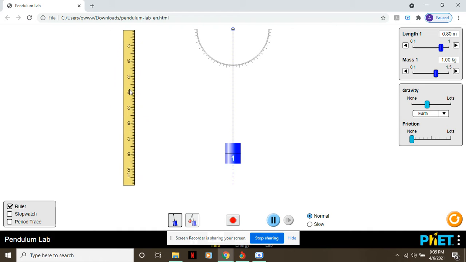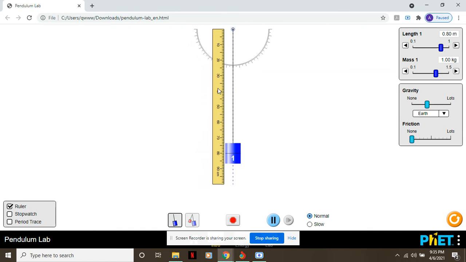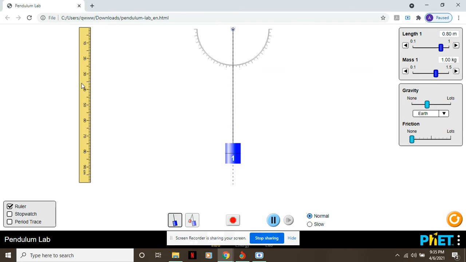So the length of the pendulum is 0.8 meters, which you can see right now if I put my meter rule against the pendulum. So we measure from the fixed point there where the zero is to the middle part of the mass, and that's 80 centimeters, which is 0.8 meters.